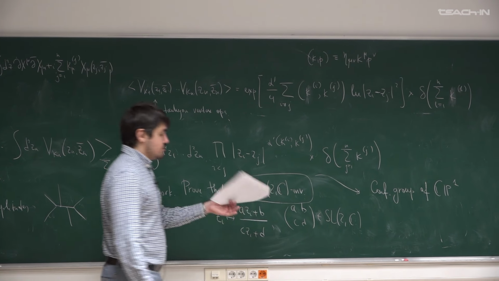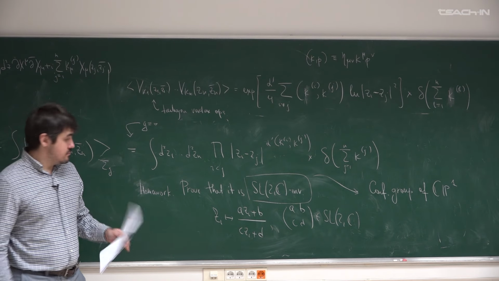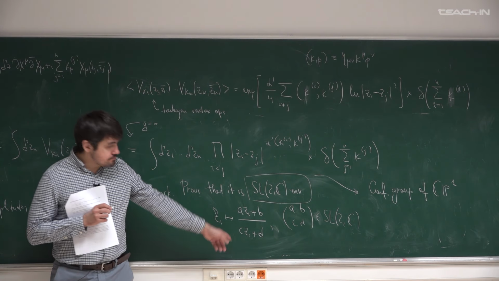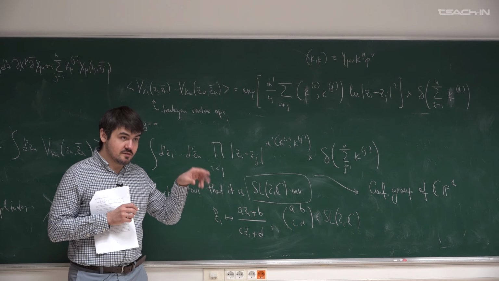So these are transformations that are well defined on a sphere. This kind of map maps a sphere to itself, while rescaling the metric by some factor, right? Just because the metric is dz dz bar, so any holomorphic reparameterization will rescale it by some factor.